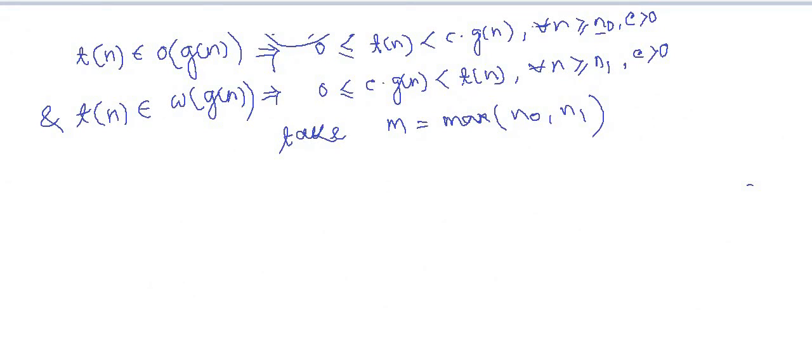So now combining these two equations, let's say this is equation 1 and this is equation 2.